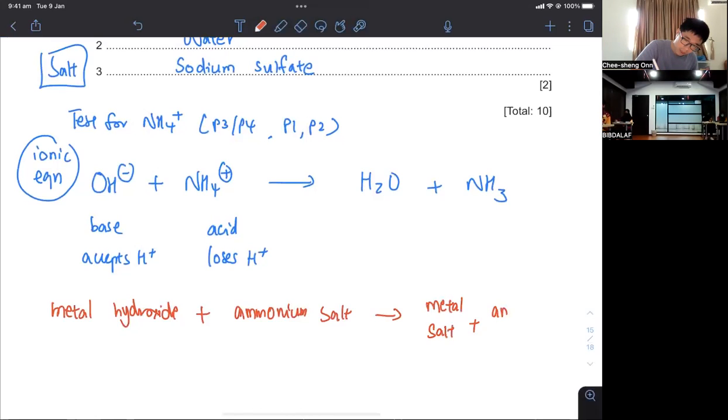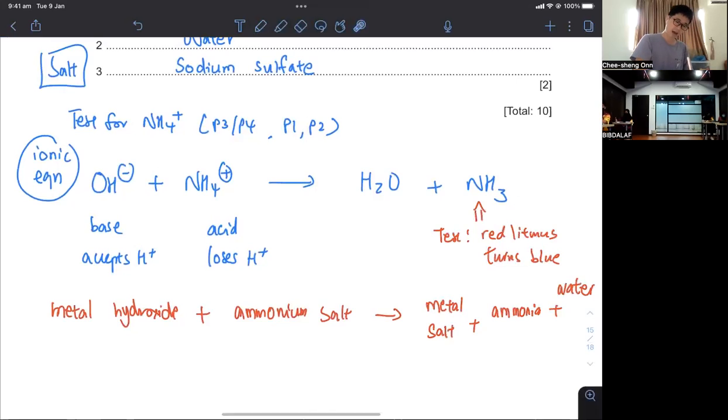I will get ammonia. I will get water. The test for ammonium salt: add any hydroxide, you kick out ammonia gas, and your red litmus will turn blue. The gas is ammonia because the ion present is ammonium ion.